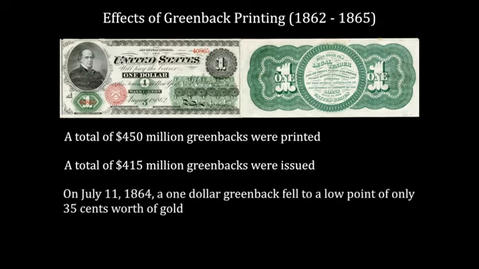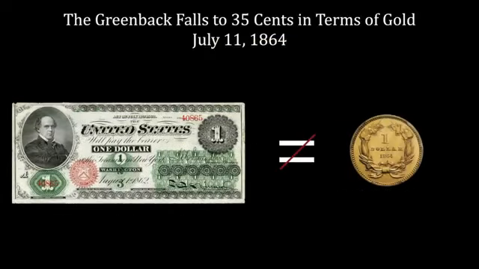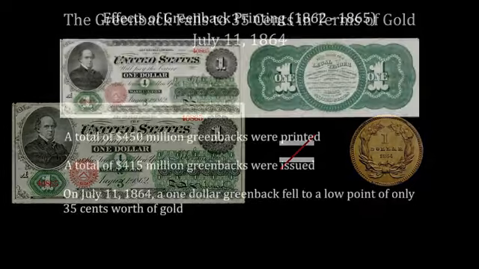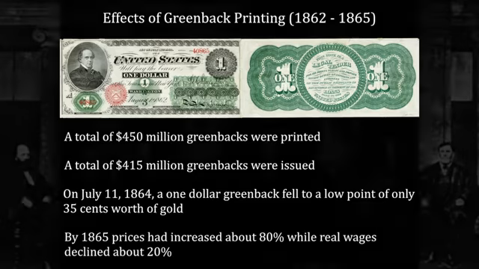On July 11, 1864, greenbacks in terms of the value of gold fell to a low point of only 35 cents worth of gold. In the free market, a $1 U.S. note did not equal a $1 U.S. gold coin. Other effects were predictable. By 1865, prices had increased about 80%, while real wages declined about 20%.